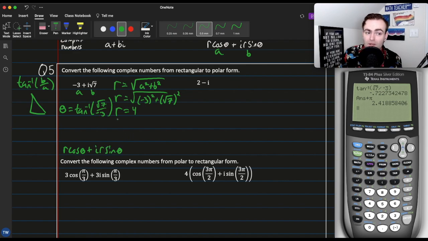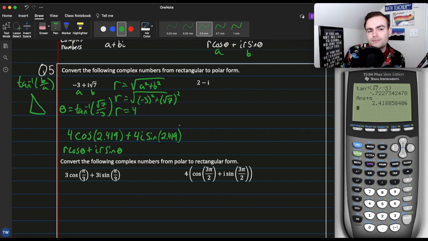So writing that out, we would have 4, and then we want to do cosine of 2.419 plus, and when you write an imaginary number, you always put the I at the end, so we're going to do that here. We're going to do 4I sine of 2.419. Not too bad. A little weird, yes, but not that bad.